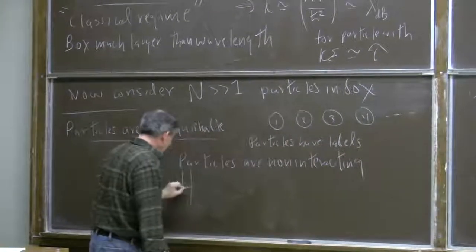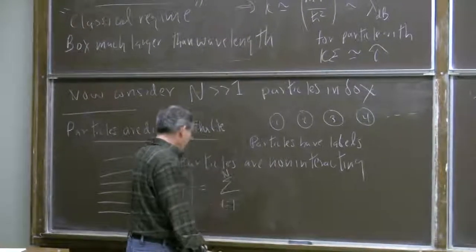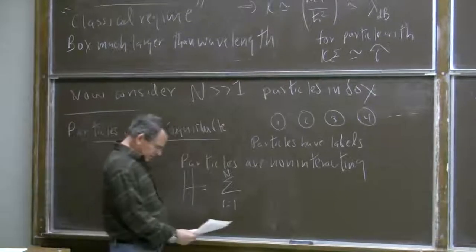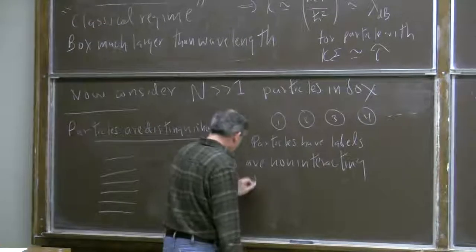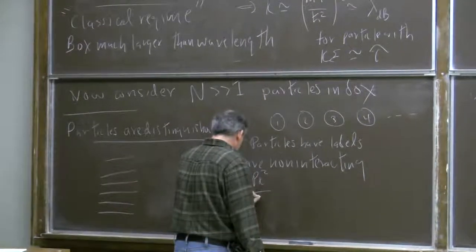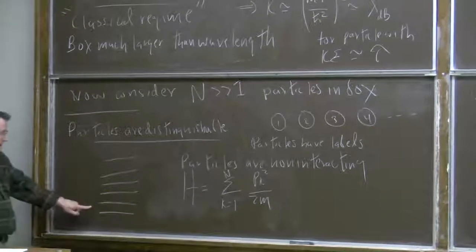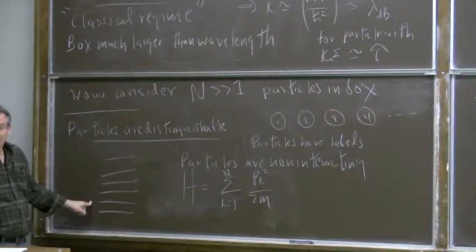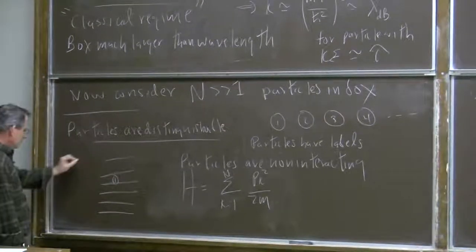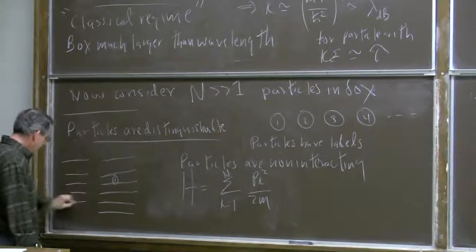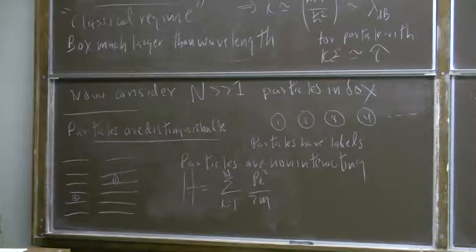The Hamiltonian is the sum over k equals 1 to n of the momentum squared for particle k divided by 2m. So the kinetic energy is just additive. Each particle is put in an orbital. So I put particle 1 in one of the energy levels, and particle 2 has the same set of energy levels, and I put particle 2 in one of them, and so on.